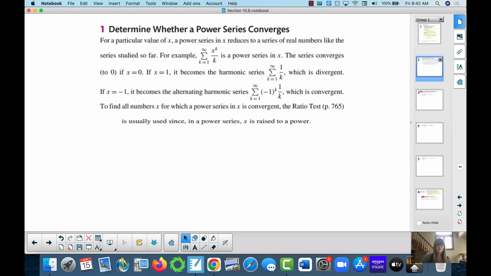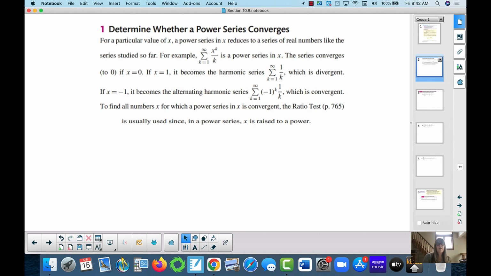So this is an example of a power series in x here. That power series is centered at 0, where 1 over k is just your a sub 0. This series converges to 0 if x equals 0, like we just said in the beginning.